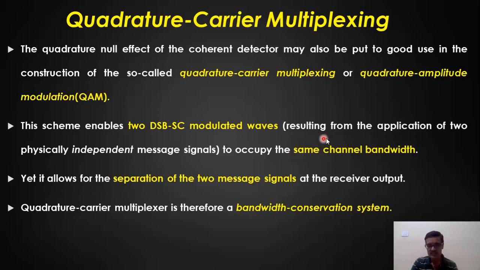And on the receiver side, it is possible to separate the two independent message signals. So basically, we can call this method, quadrature carrier multiplexing or quadrature amplitude modulation, a bandwidth conservation system, because we save the bandwidth: both are transmitted using the same bandwidth and separation is possible. That is the beauty of this particular method.